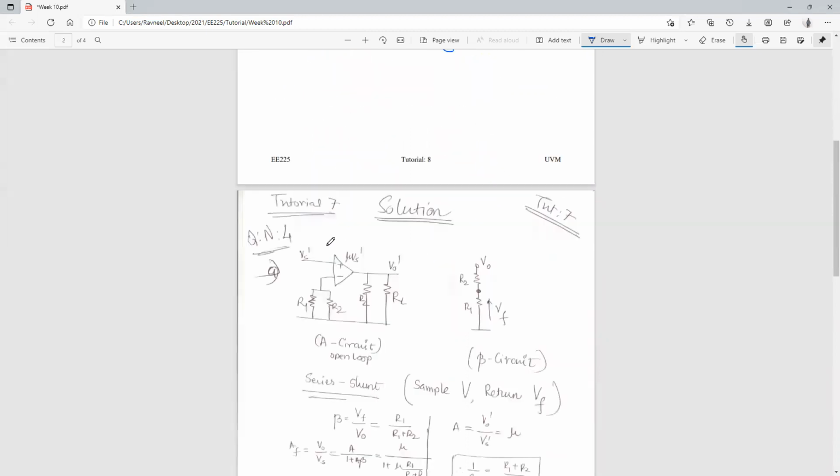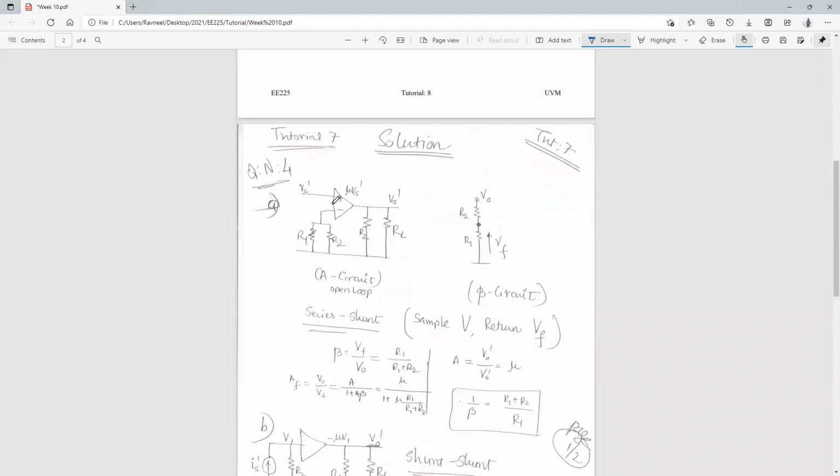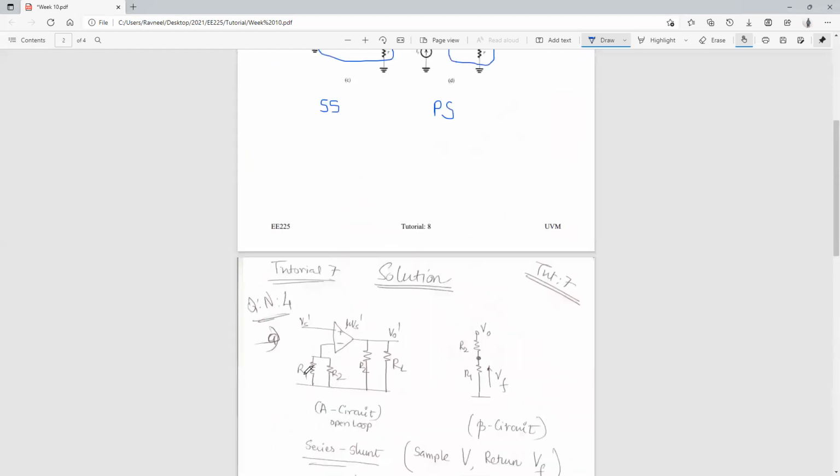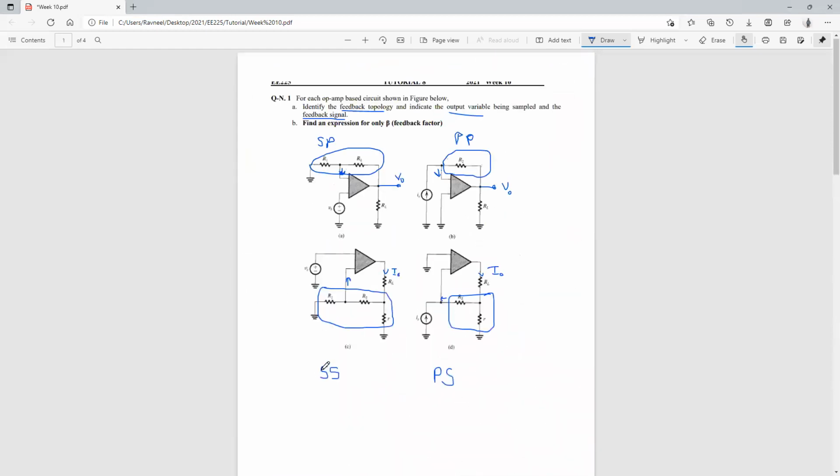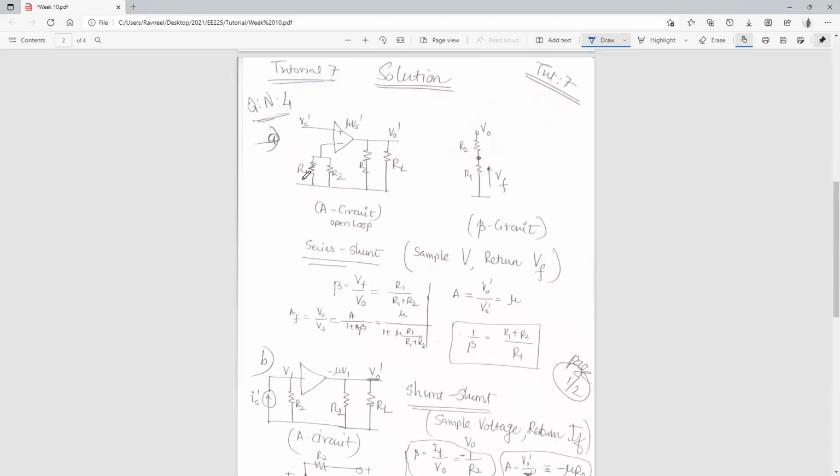You can see the supply voltage is as it is, connected to the positive terminal, and your R1 is already grounded, and when you break at the output point, your R2, which was connected to your output point, gets grounded as well. So your input resistance becomes R1 in parallel with your R2.